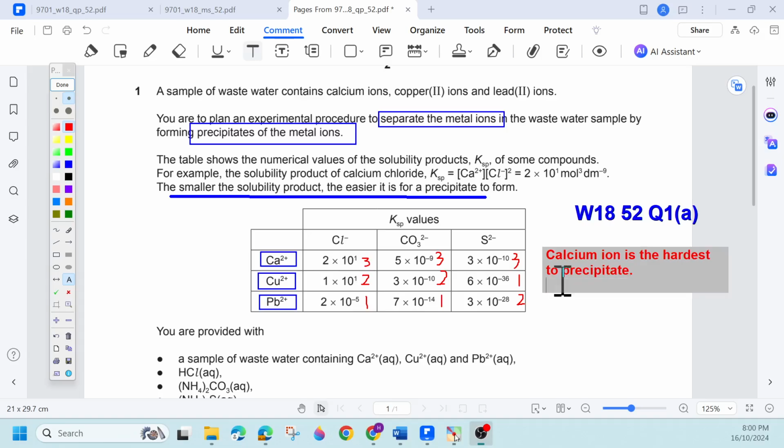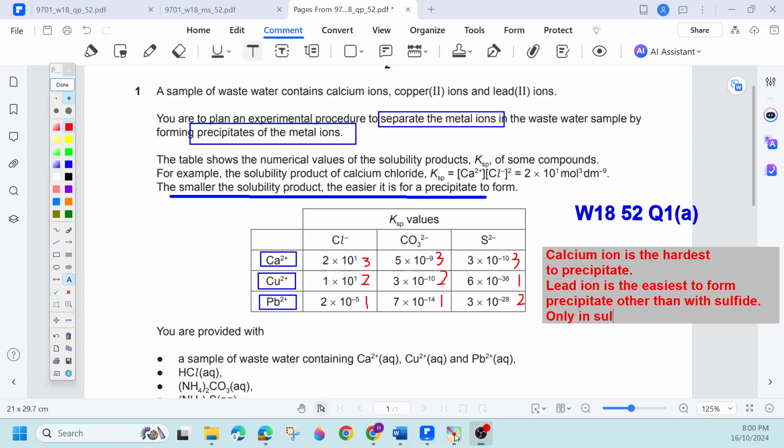Now, generally speaking, lead ion is the easiest to form a precipitate, other than with sulfide. Only with sulfide is copper the strongest.